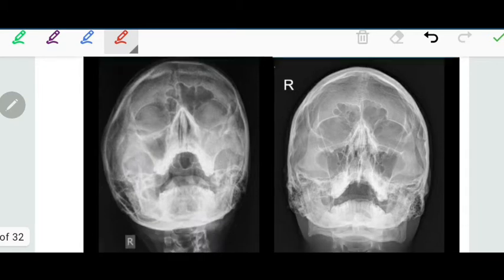Now, both of these views, the first one and the second one, are taken in an occipito-mental position. In these views, the paranasal sinuses have been clearly depicted. In the second view, you can see the outline of the paranasal sinuses like this, and it presents an overall radiolucent or black colored appearance.